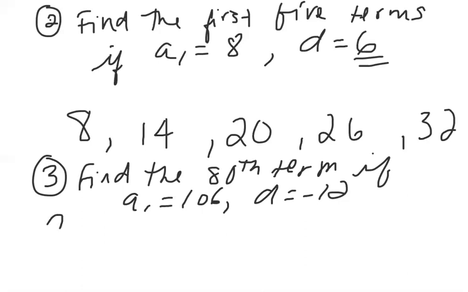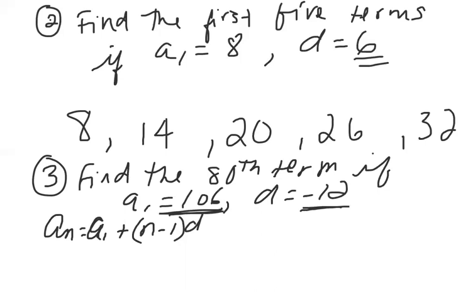Remember the formula is AN equals A1 plus N minus 1 times D. They gave us the first term, they gave us the D value, which is -12, and the N value, which is 80. So now we go into the formula and substitute everything in.